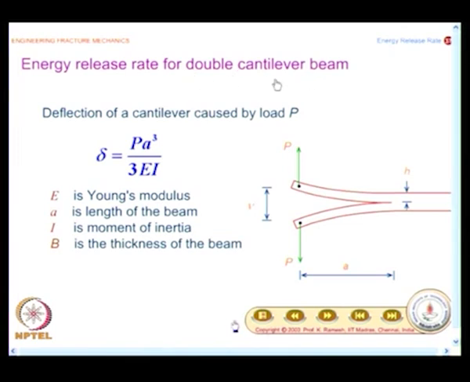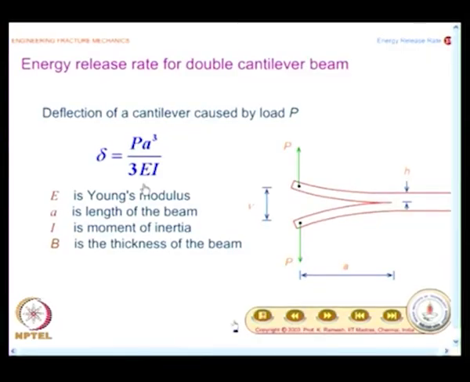The moment you say DCB, you should recognize you have a specimen of this nature, you have a crack, and the top and bottom portions behave like cantilevers, and from a simple course in strength of materials, you know what is the deflection at the free end, and that is given as delta equal to P A cube by 3 E I, that is what is given here, where E is the Young's modulus, A is the length of the beam, I is the moment of inertia, B is the thickness of the beam which is into the screen, and the height is taken as h.